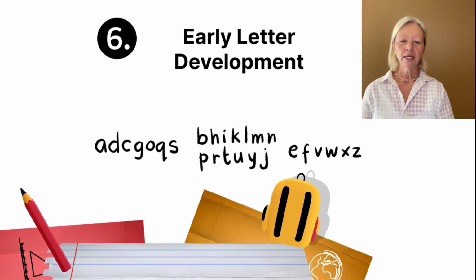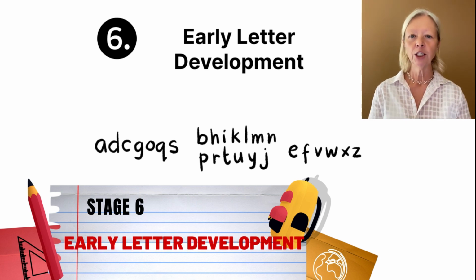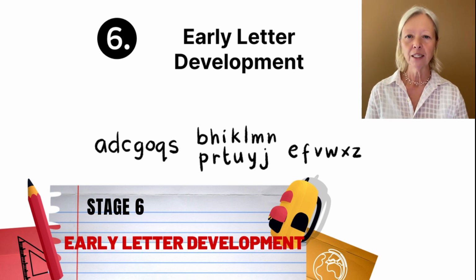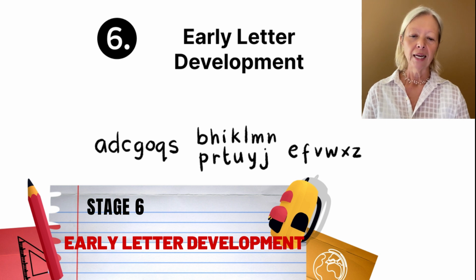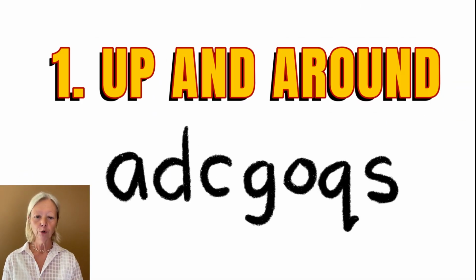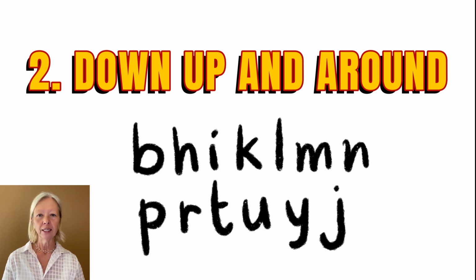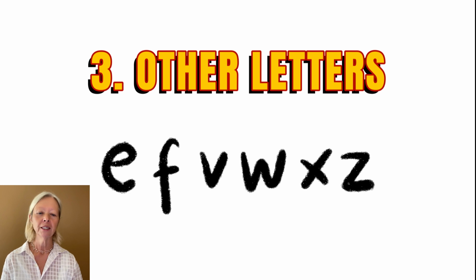Then we go on to early letter development, and I really like the idea of teaching early letter writing based on the kinesthesia of how letters are written. And so I like to divide letters into groups. So the up and around group is letter group 1, the down and up and around are letter group 2, and then there's letter group 3, which is a whole lot of letters that don't fit into the first two groups.